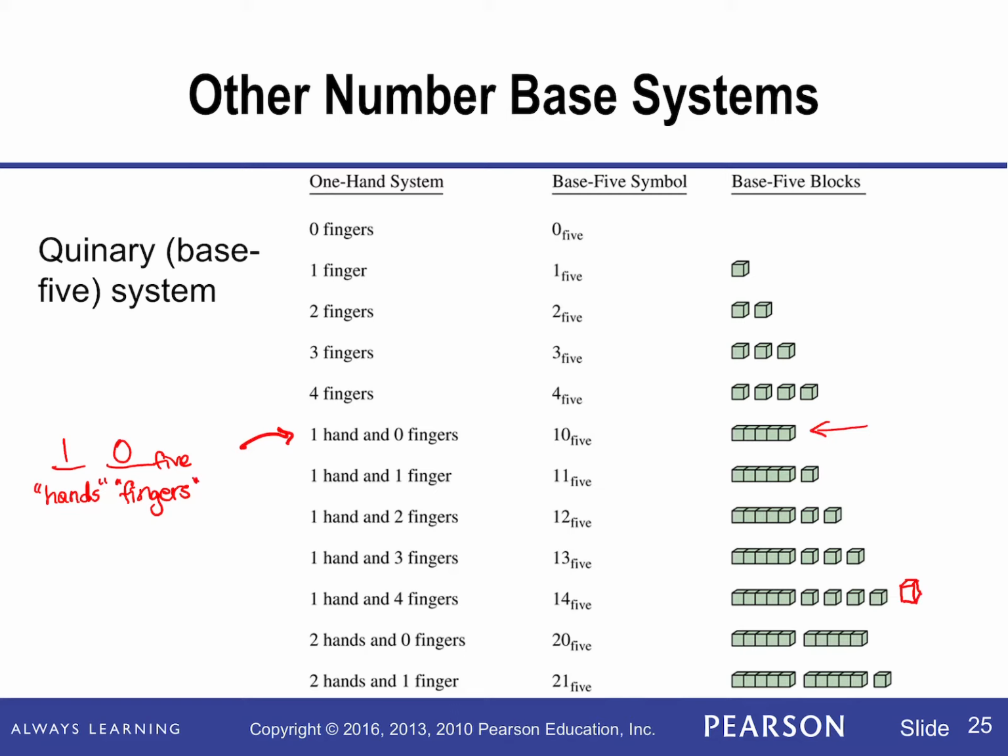That's going to give me 2 hands now and 0 fingers. So that's 2, 0, base 5. In terms of the picture, since I added this extra block, I have 5 blocks here that can be glued together to give me the long, right? So I have 2 longs and 0 units, and you can continue counting that way.